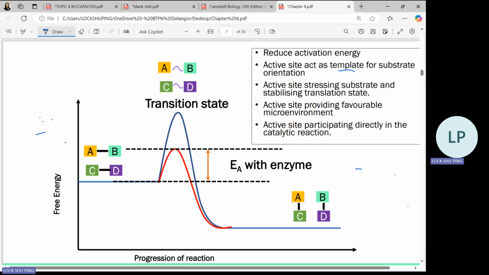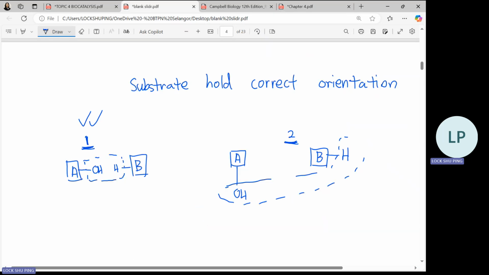Next, what else does the active site do? The active site will also stretch, meaning it applies some strength to the substrate so that it is able to speed up the reaction. The nearer the substrates are, the faster the breakdown and also the formation of the new bond will occur, at a higher rate.